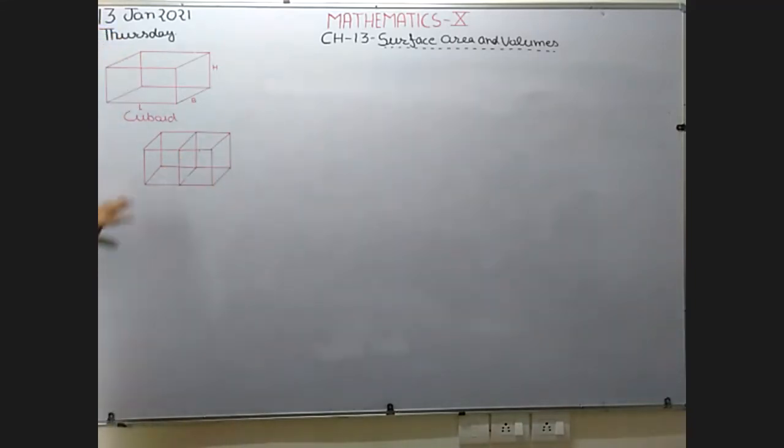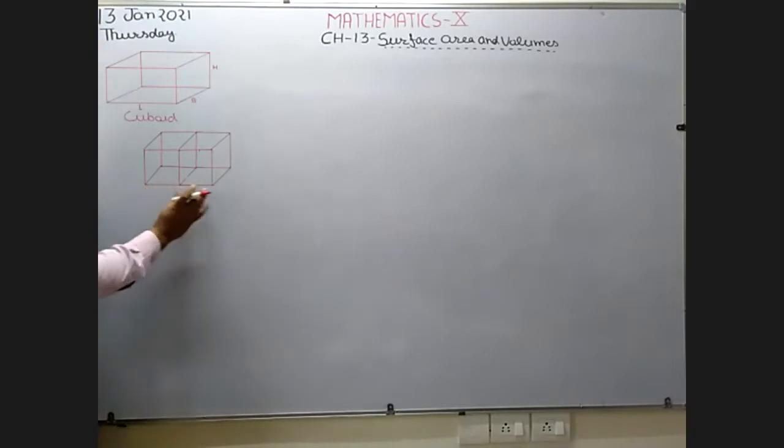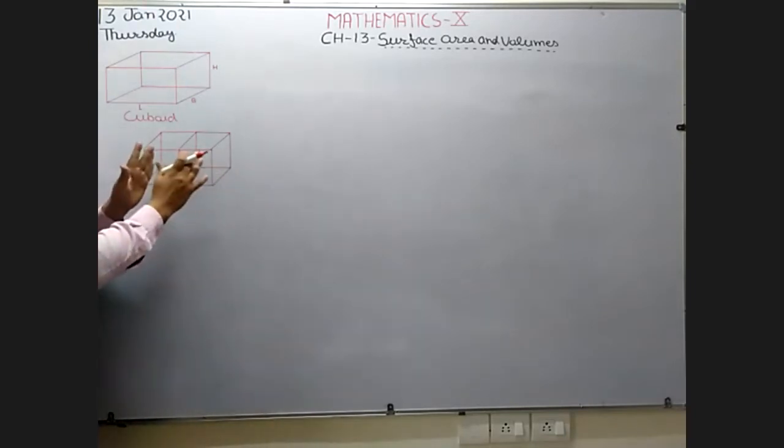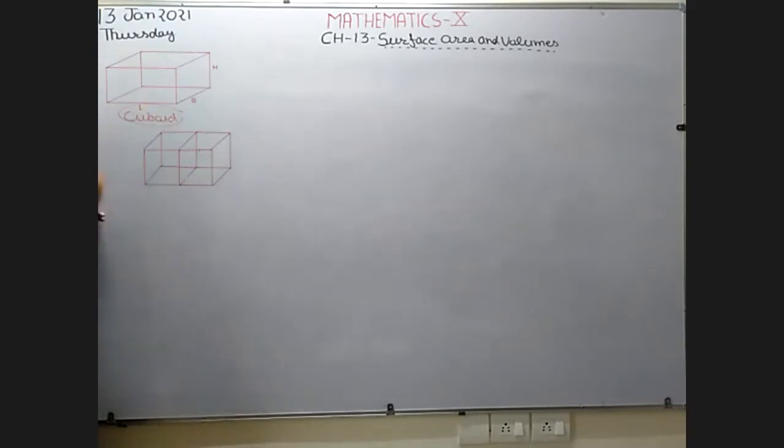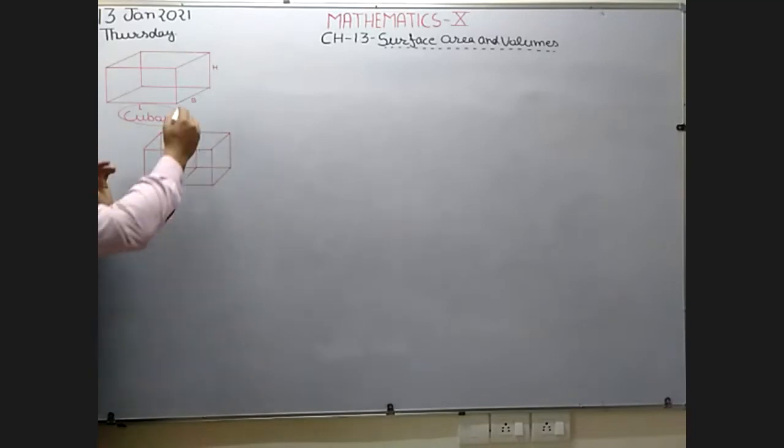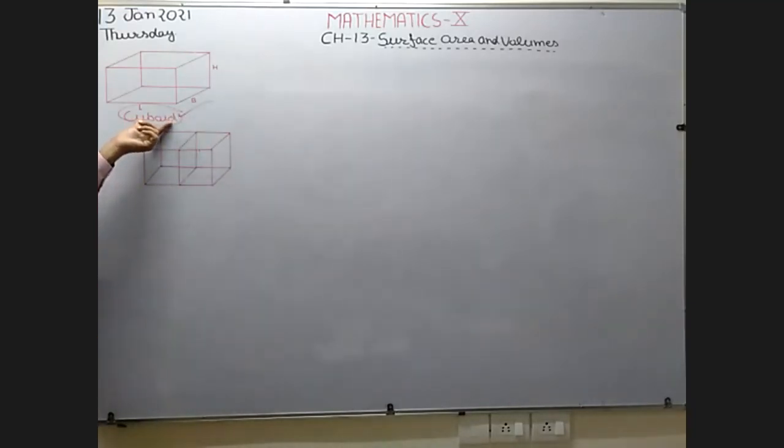Now see on the board. This one is your first cube and this one is your second cube. When I join these two cubes, they're going to form a cuboid. Now this shape becomes cuboid. Two cubes are there. When they are going to join end to end, the new figure is going to be in the shape of cuboid.